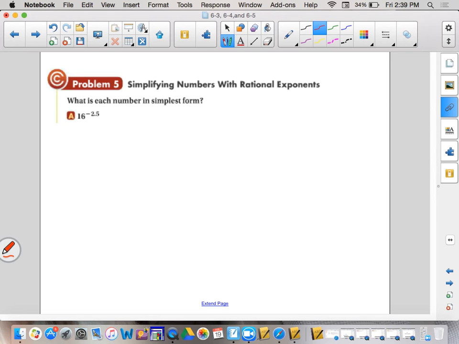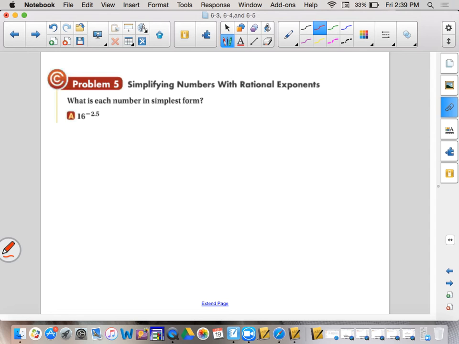Simplifying numbers with rational exponents. 16 raised to the negative 2.5. What did I tell you that you could do if it does not have a variable in it? Put it in your calculator. 16 raised to the negative 2.5. It's going to give you some really weird number. Now, how am I going to take that and make it right?